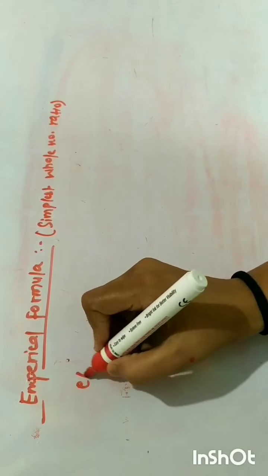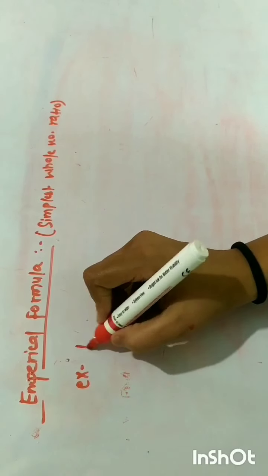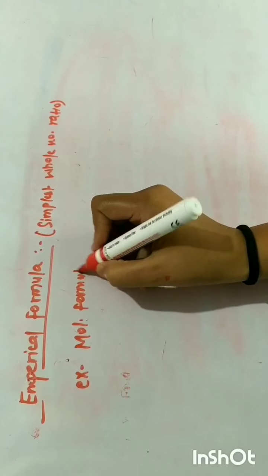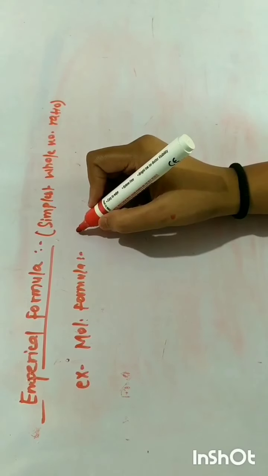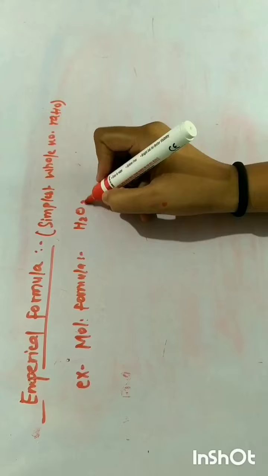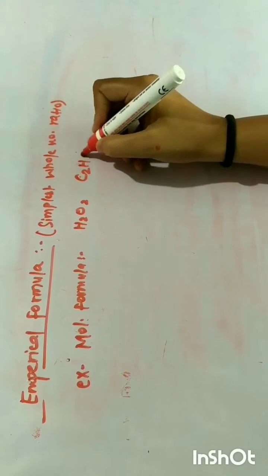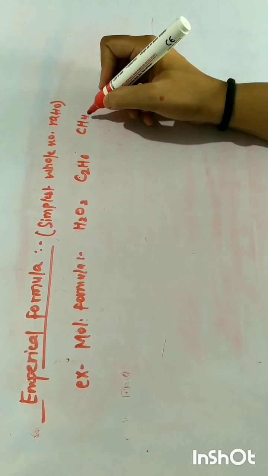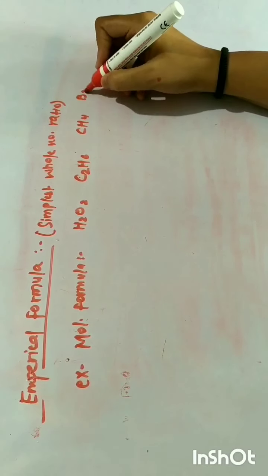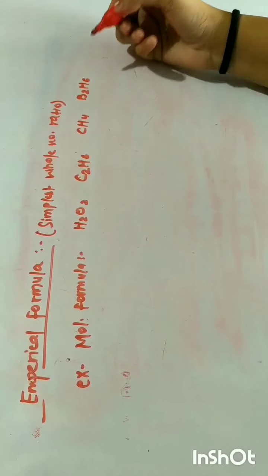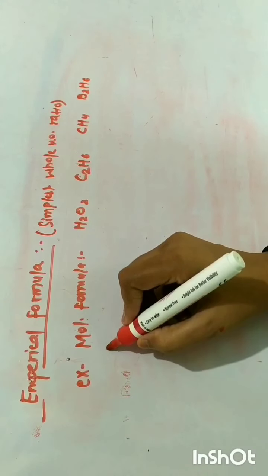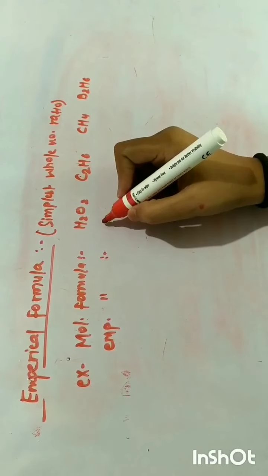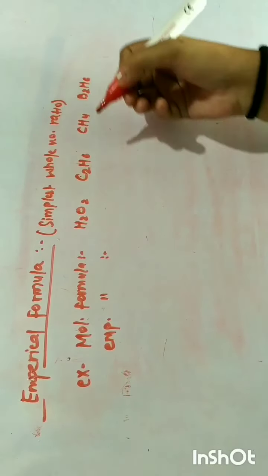For example, if we take molecular formulas like H2O2, C2H6, CH4, B2H6, then what will their empirical formulas be? The simplest whole number ratio.